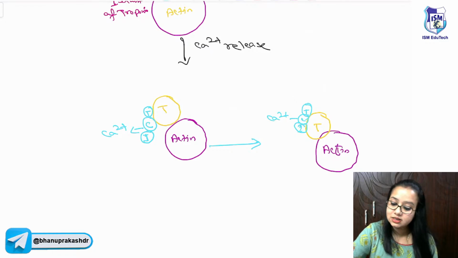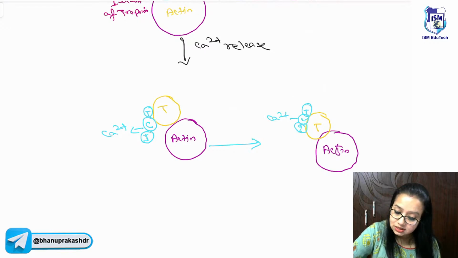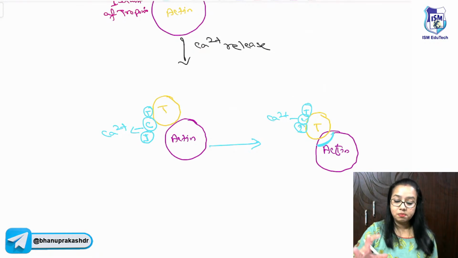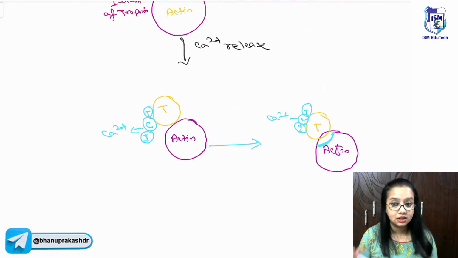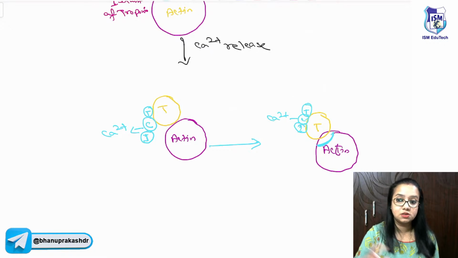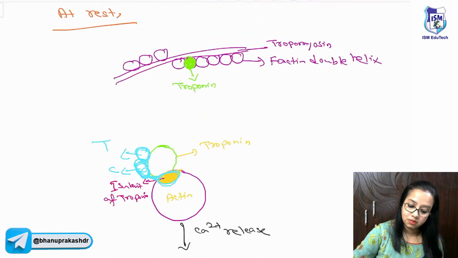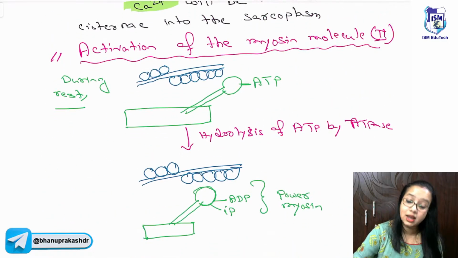So, unless and until the calcium is bound to the troponin C, this exposure of the active site will not happen. Okay. So, calcium has come to the sarcoplasm. The binding site on the actin molecule on which the myosin will bind is exposed, and in the meantime we saw how the myosin also got empowered.